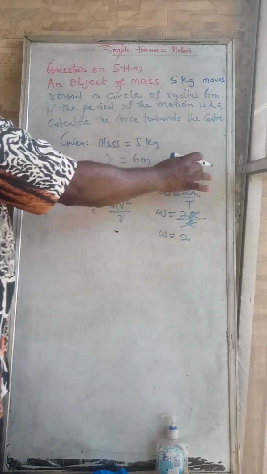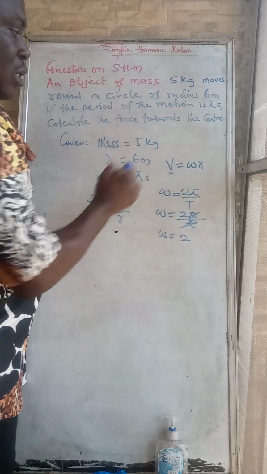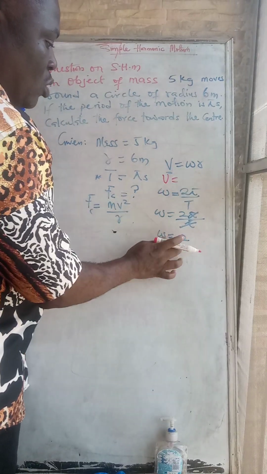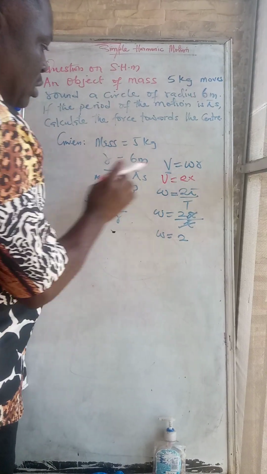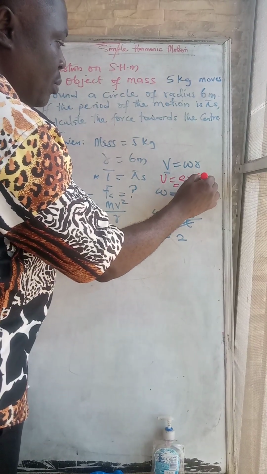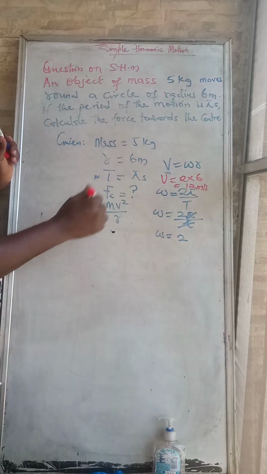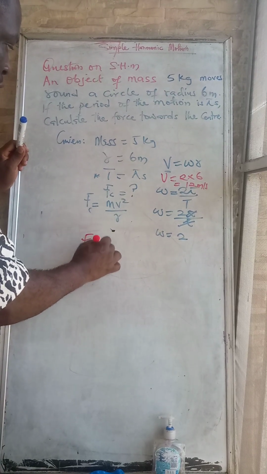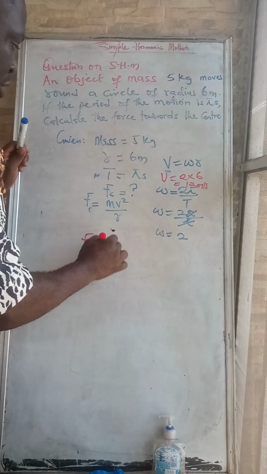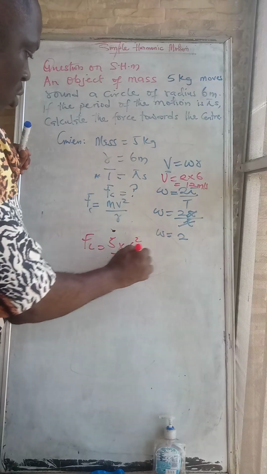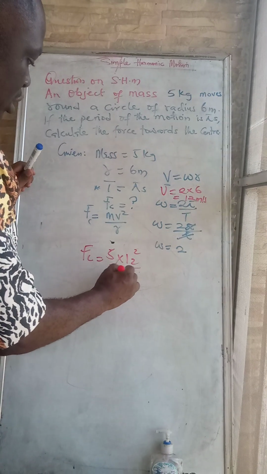If that is okay, we'll substitute it into this. Remember, our target is to get this. So we'll now say that v is equal to angular velocity times the radius 6, which eventually will give us 12 meters per second. So now we know our v. We can now come back to this and say F is our mass 5 kg multiplied by velocity squared, which is 12 squared, all over the radius, 6.